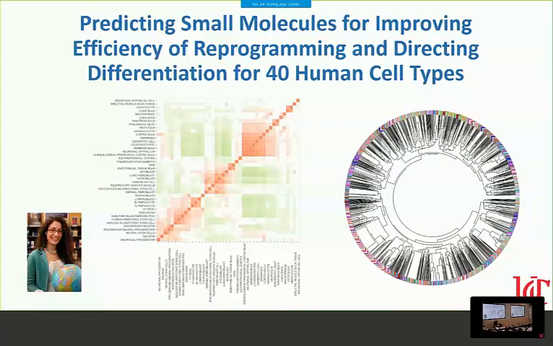So Ali, who joined the lab several weeks ago, was able to first collect gene expression for major cell types, and she has, with the help of Alex Lachman, collected average gene expression for all of those cell lines based on RNA-seq from GEO. And Alex processed all this data, and this is a heat map of the similarity of expression across those cell lines.